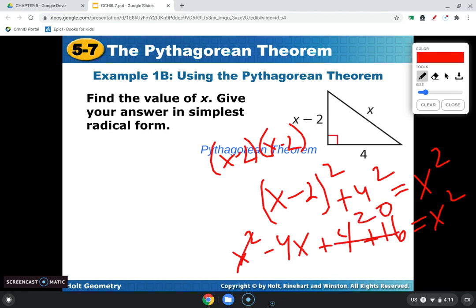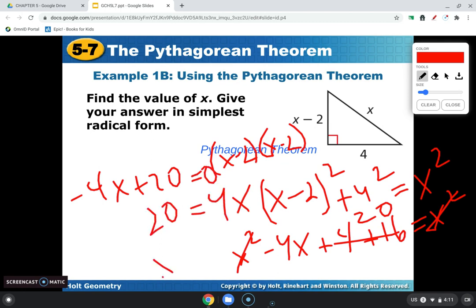Then you would have x squareds on both sides, so that would cancel out. So now you're at negative 4x plus 20 equals 0. Add 4x, divide by 4.